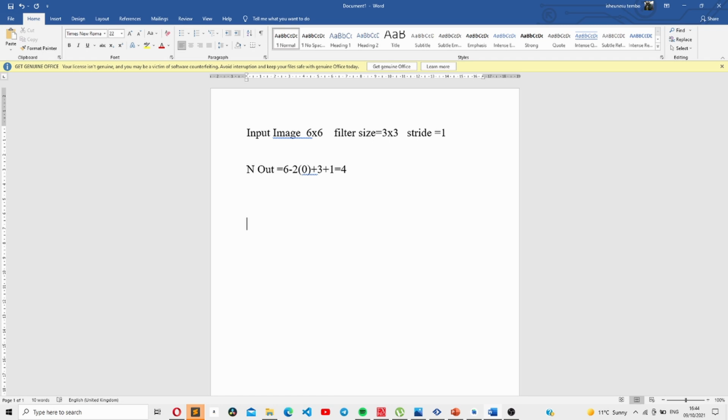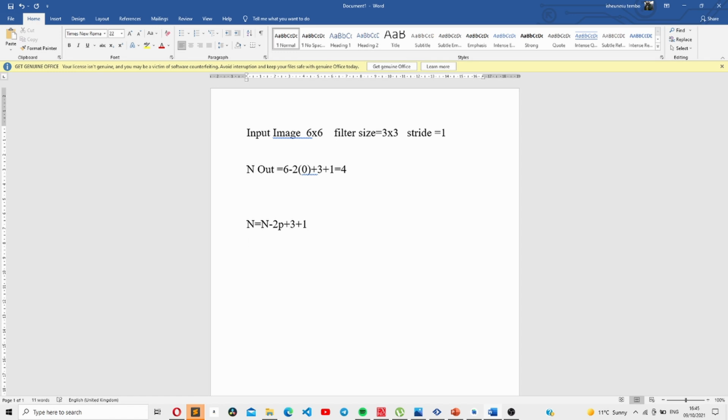Since the output is now equal to the input, n out equals n minus 2p plus 3 plus 1, right?